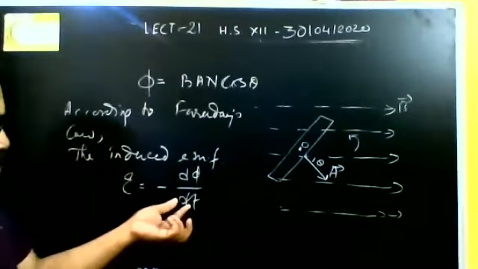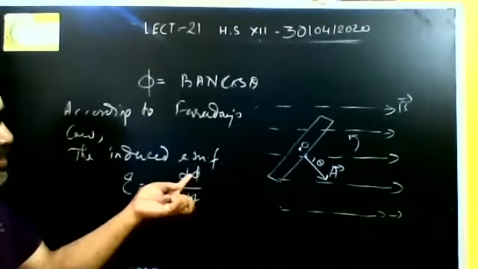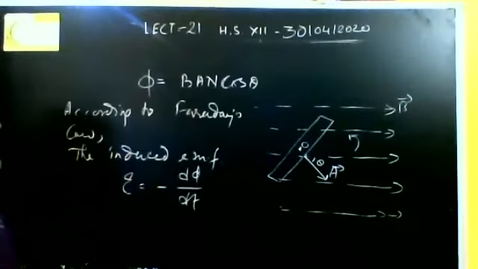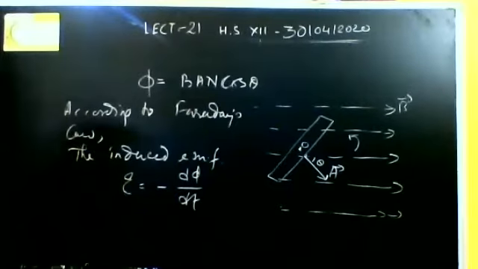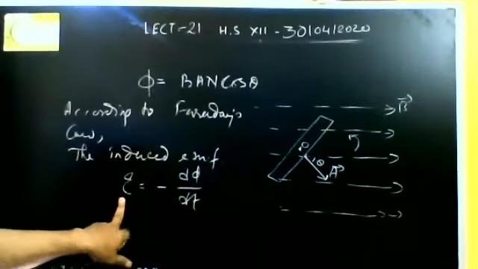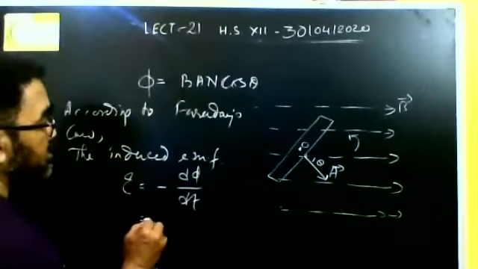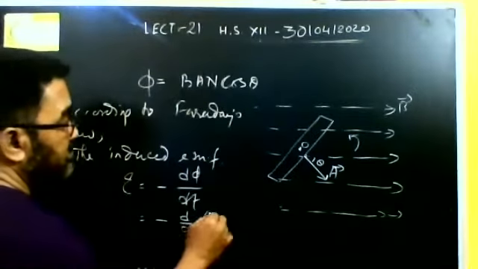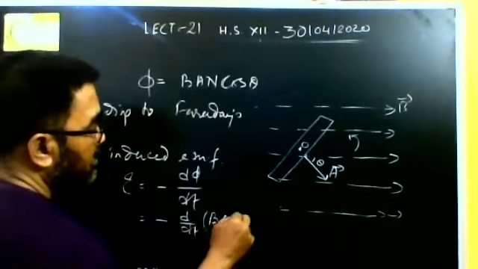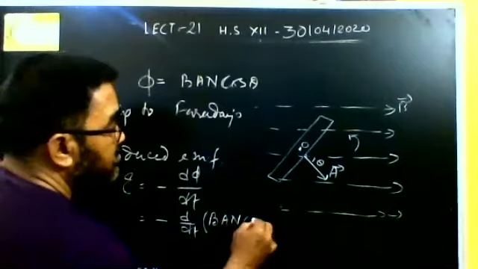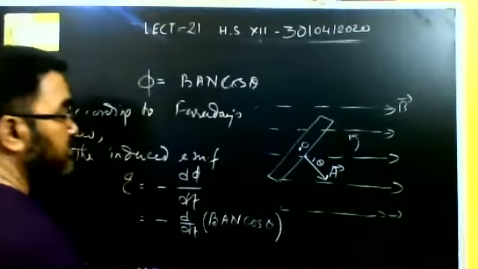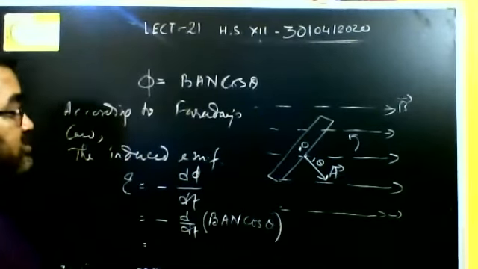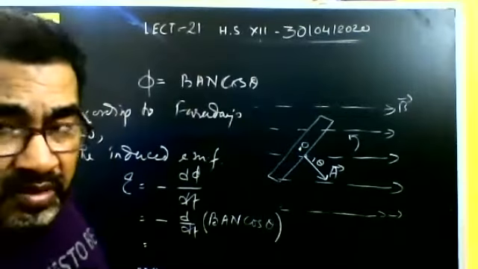Now, if we put the value of phi, that is magnetic flux, what will we get? Let us put the value phi equals B A N cos theta, where N is the number of turns in the coil. As you know how to differentiate, all the constant quantities will come out.